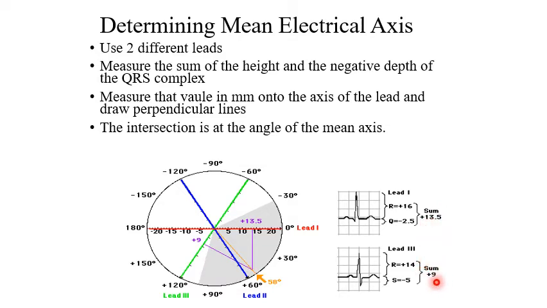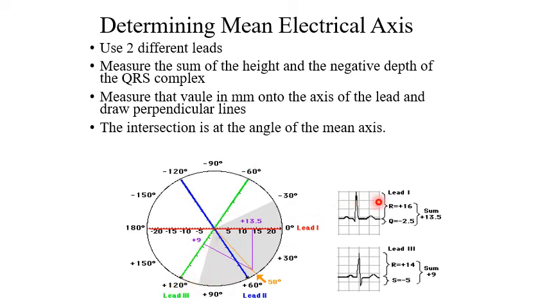Now we put lead 1 and lead 3, as we know, in the axial reference system. Lead 1 is on the horizontal, and lead 3 has, as you know, a positive 120 degree angle, so this is the place of lead 3.